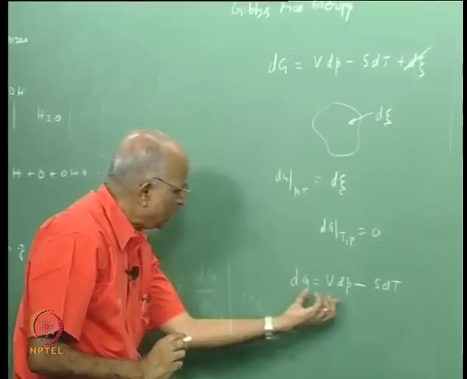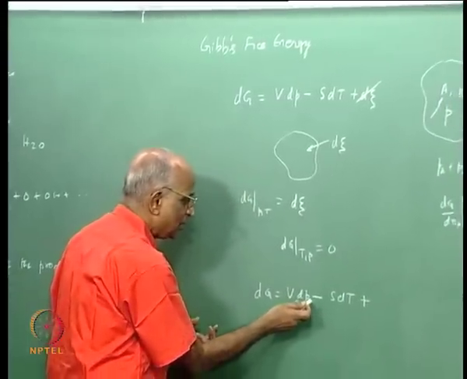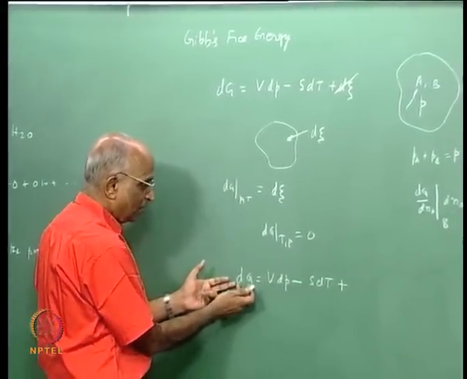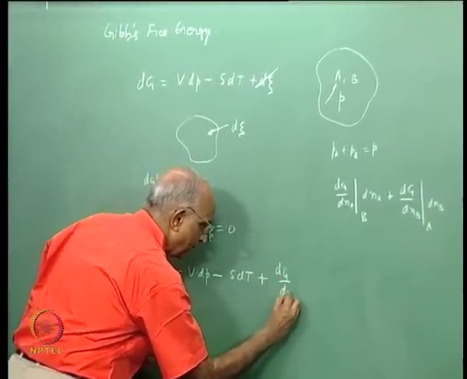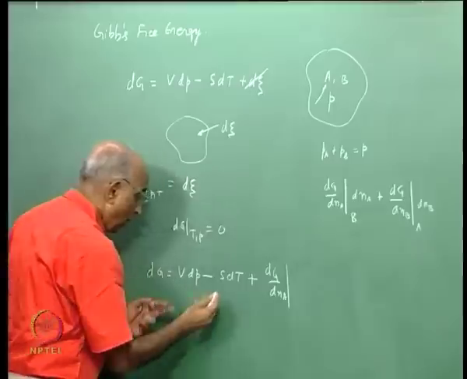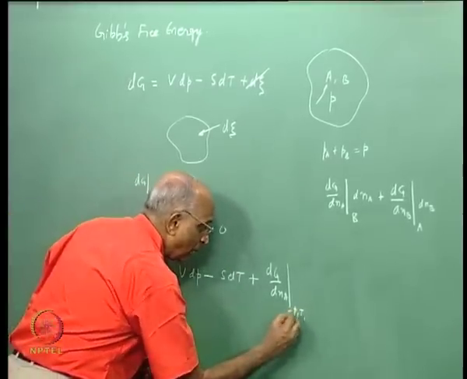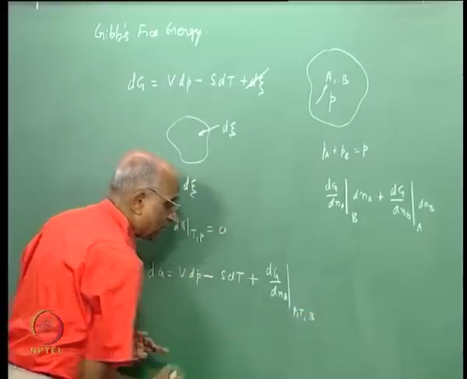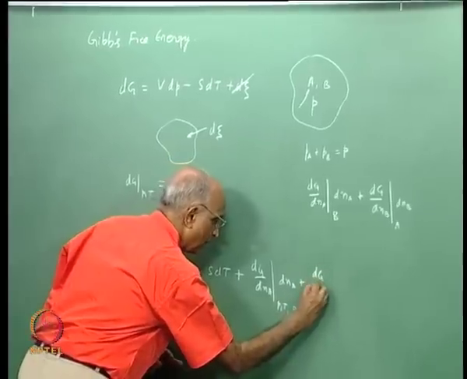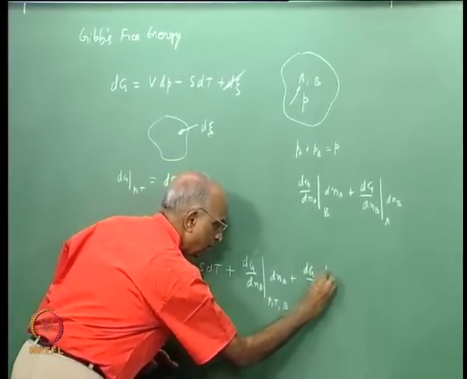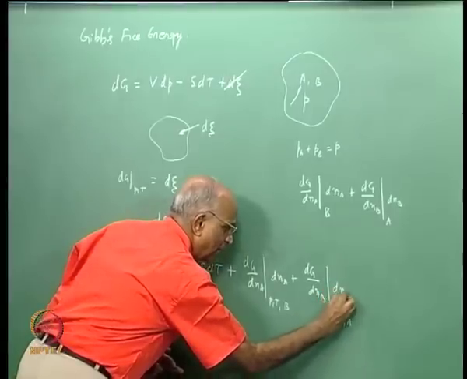In other words, for a multiple component system like I have A and B, in addition to changes in pressure and temperature which cause a change in the Gibbs free energy, now I also write plus dG by dNA, keeping pressure and temperature constant, and keeping component B constant, into dNA, plus dG by dNB, keeping pressure and temperature constant and keeping A constant, into dNB.